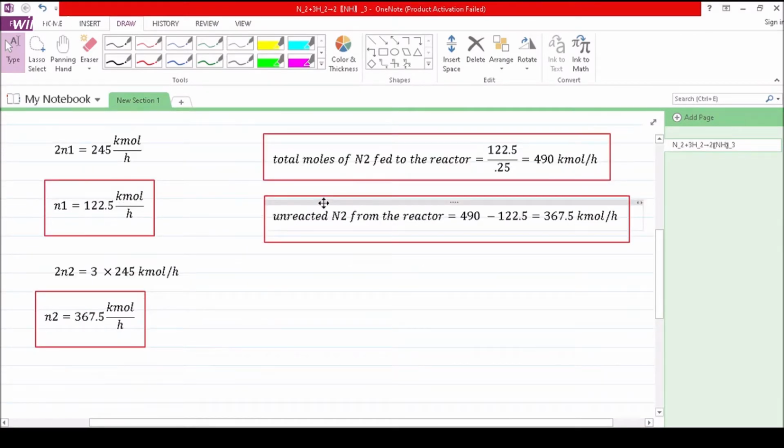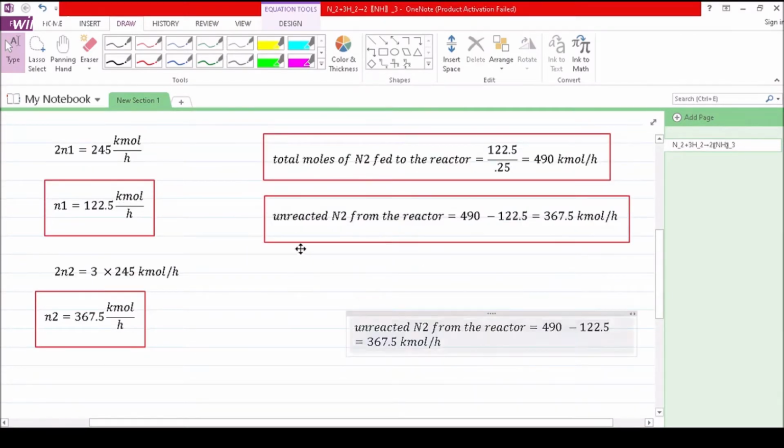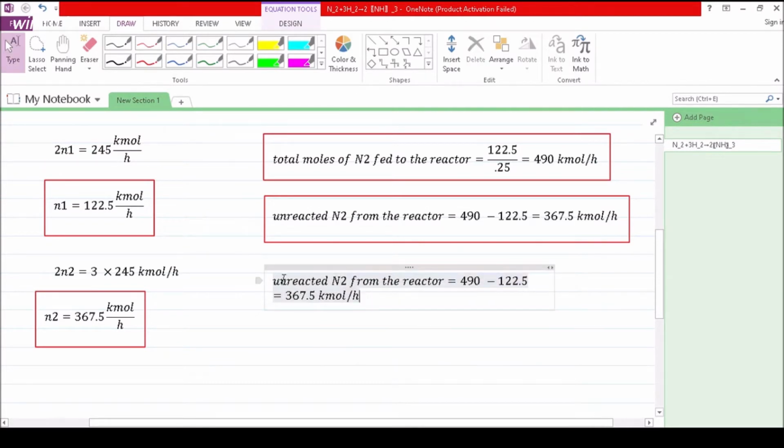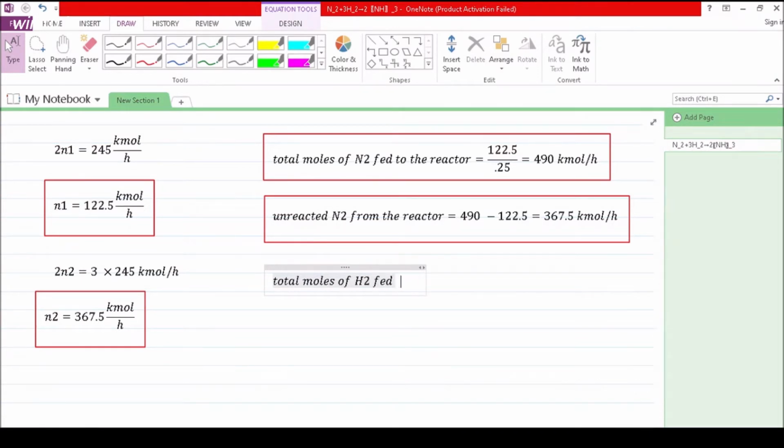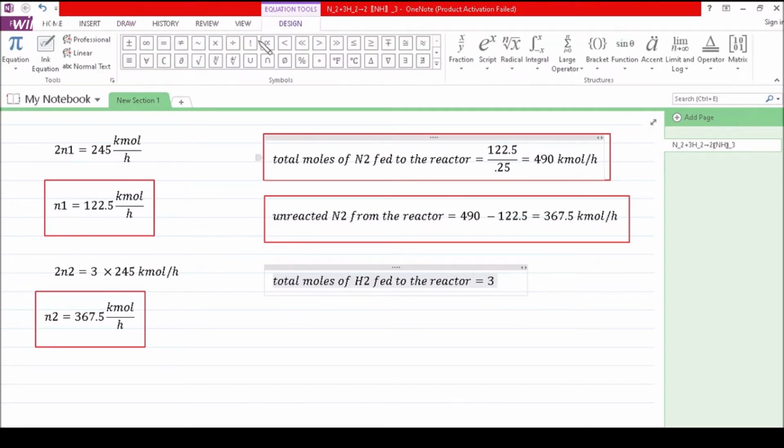So the total moles of hydrogen needed for the reaction would just be equal to 3 times the amount of nitrogen, which is 490, and we get 1470 kilomole per hour.